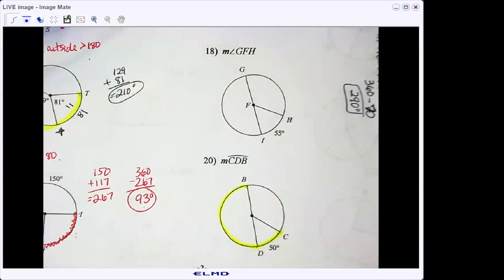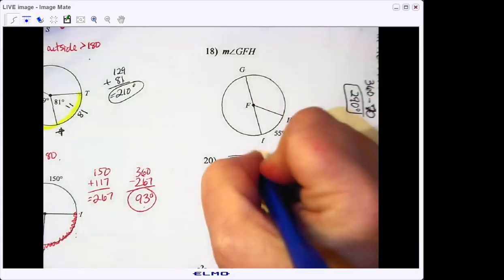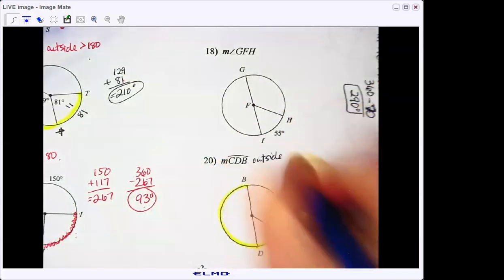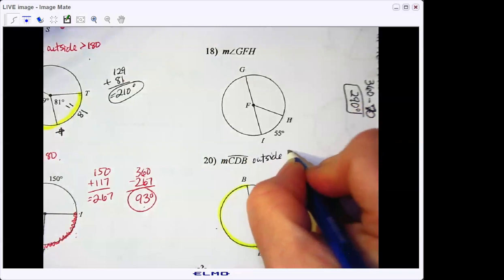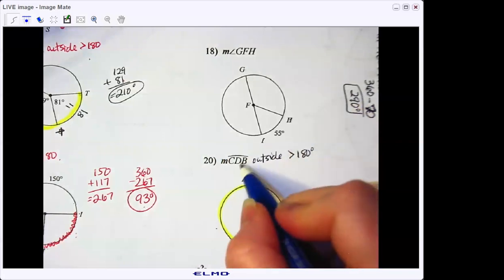Melissa, try your addition again. Okay, good, because remember, this is an outside number that we're looking for. We're given an outside number, we need another outside number, and it's going to be greater than 180 because it's 3 letters.